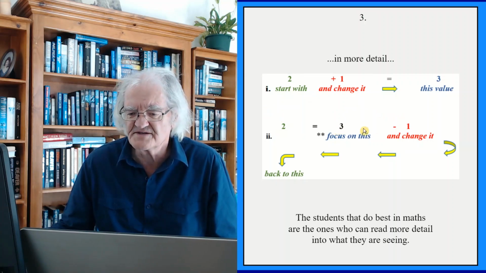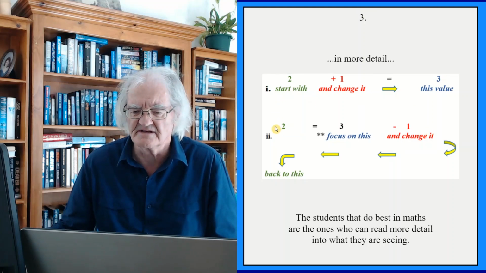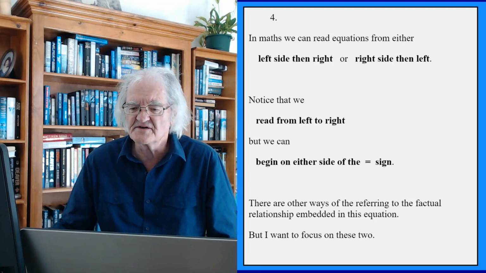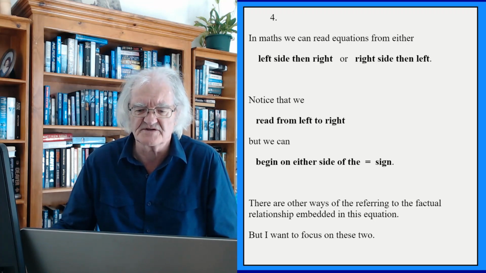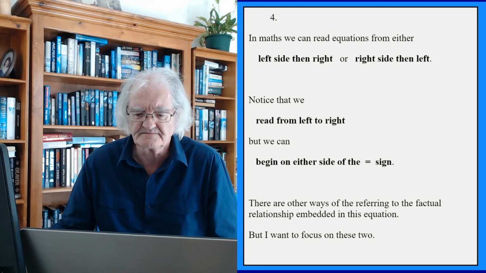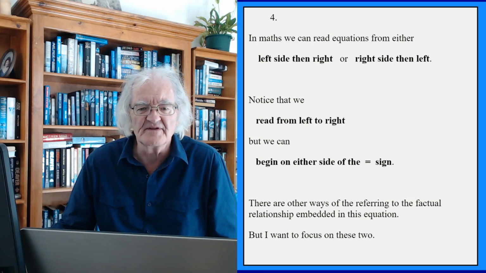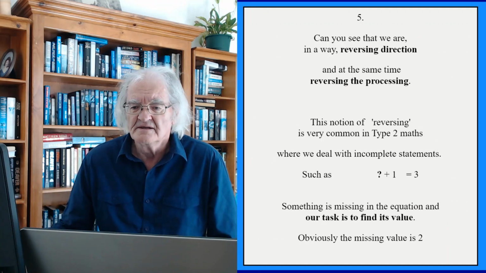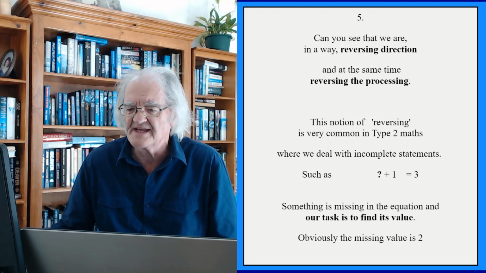I read this from left to right and then go back to the left-hand side of the equal sign. Now, there are other ways of referring to this factual relationship, but I want to focus on these two. Can you see that we are in a way reversing direction and at the same time reversing the processing?